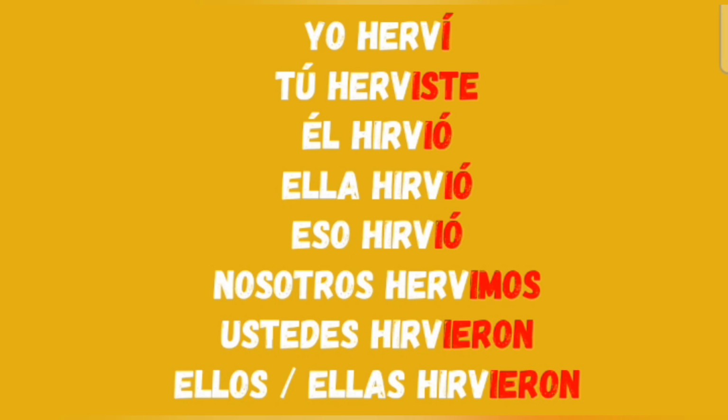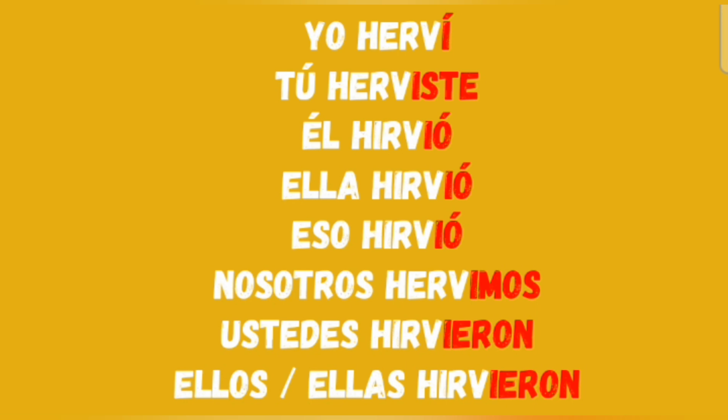Eso hirvió, okay? Now, if you want to say we boiled, in Spanish you have to say nosotros hervimos. Nosotros hervimos, okay? And the root word is exactly the same as in the first and second personal pronoun. Yo, tú, nosotros, the same root word, okay?